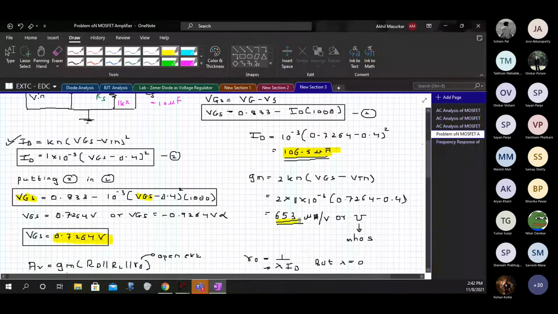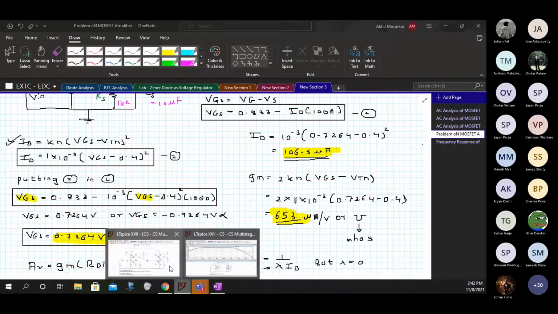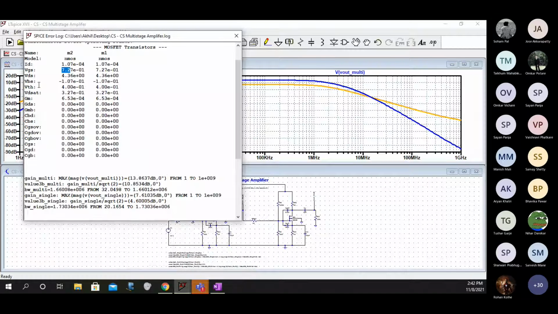Then we have the value of gm, 653 microamperes per volt, which means it should be 6.53 into 10 raised to minus 4. Let's see the value of gm, which is correct, 6.53 into 10 raised to minus 4. It is showing this value twice because we have replicated the same circuit twice, so the biasing points are the same for both.